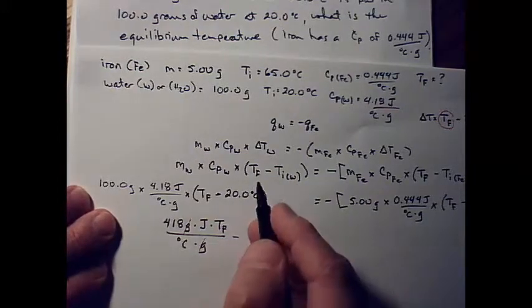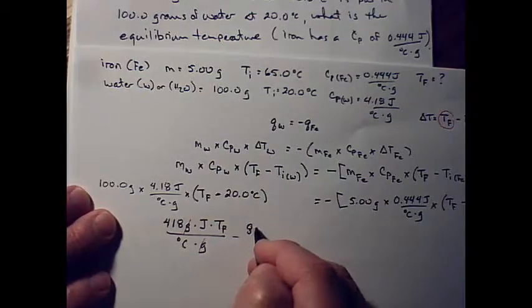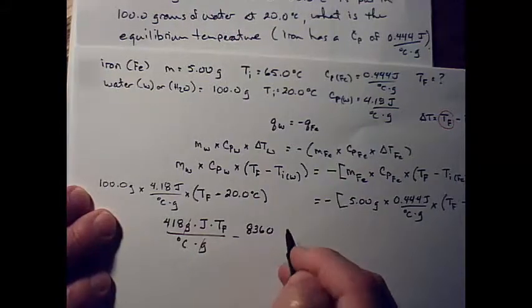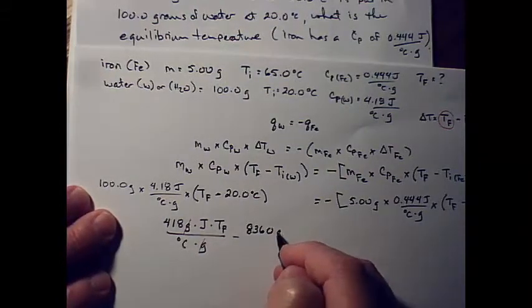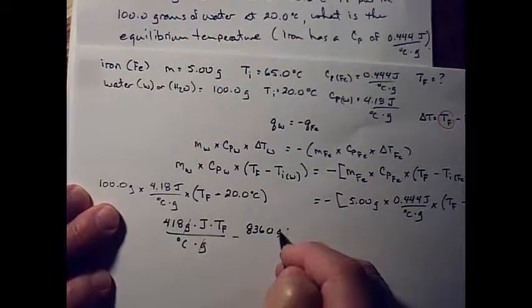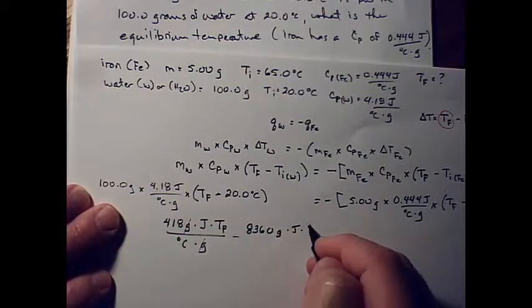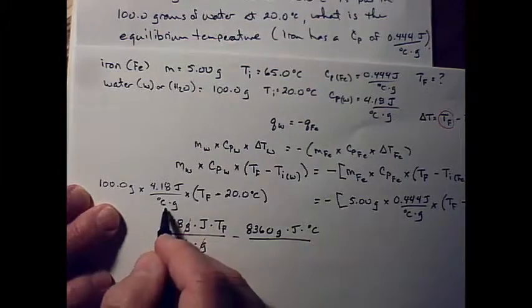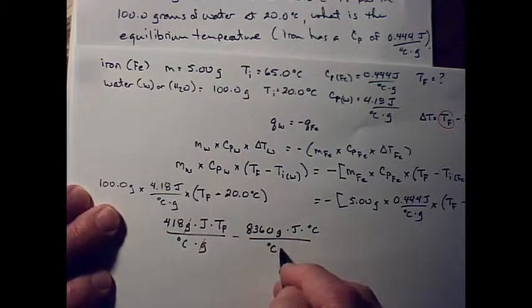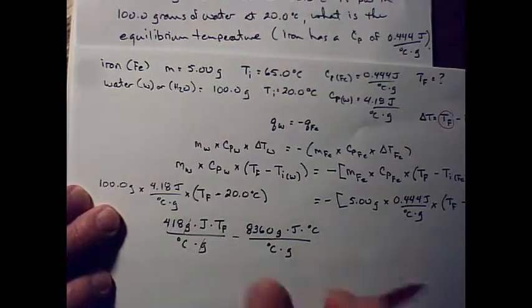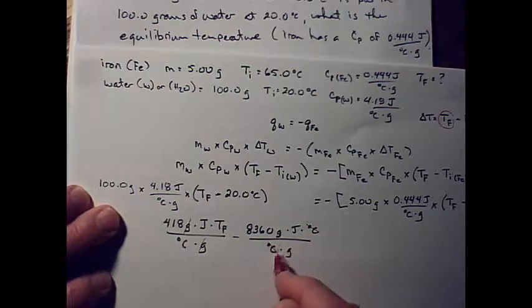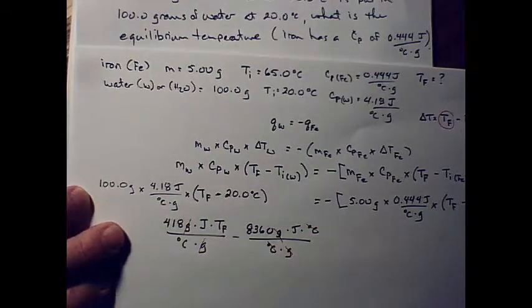And that comes out to be 8360 grams times joules times degree C over degree C times grams. And we can already cancel degree C and grams here. All right?